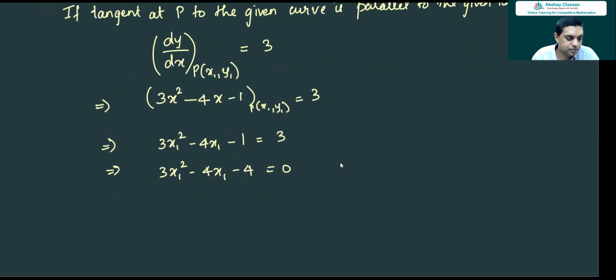Now let us solve this. This is 3 into 4, 12. With 12 as the product, we need the factors to give the sum as minus 4. The product is minus 12, so it's the product of the extreme coefficients. So for minus 12, we get minus 6 into 2 also gives minus 12.